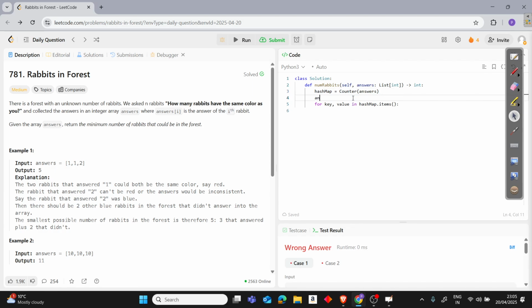obviously we have to initialize rabbits. This will be our answer. We'll just increment rabbits every time. So rabbits plus equals to, obviously we have to use the ceiling function, so I can use numpy for this.